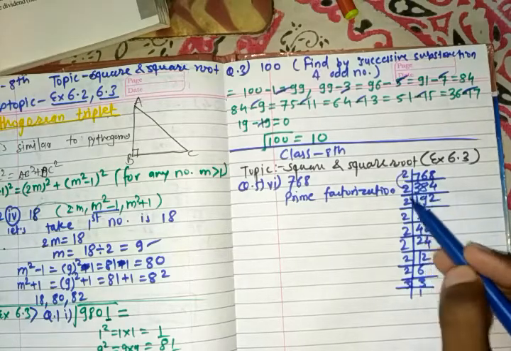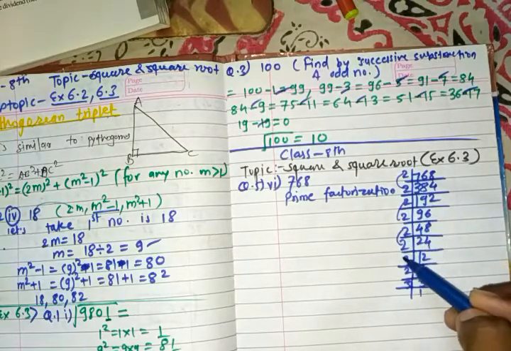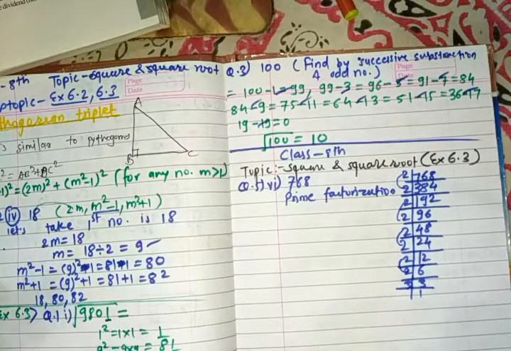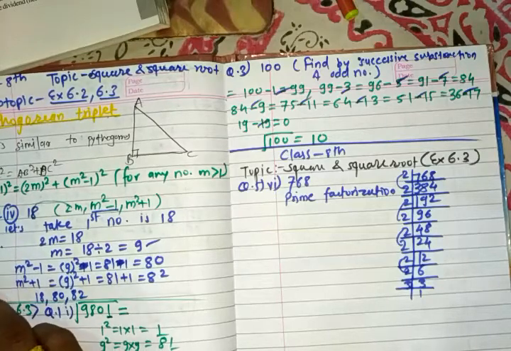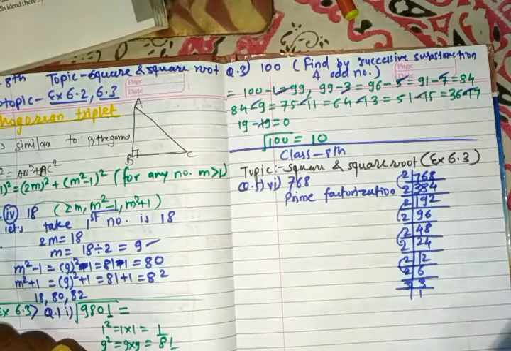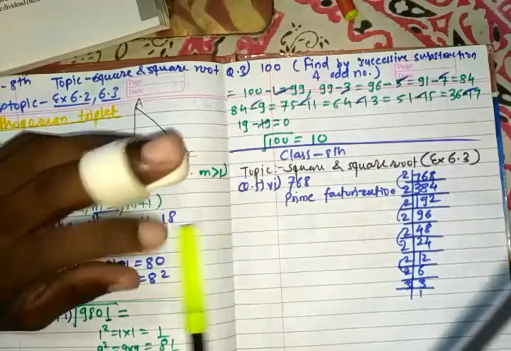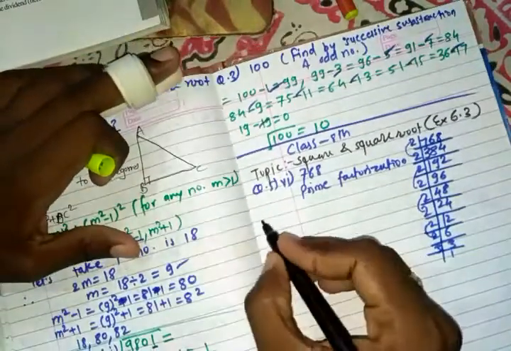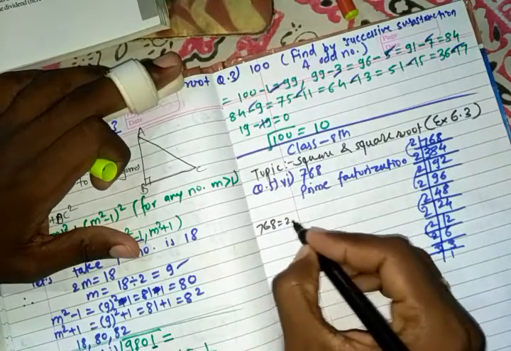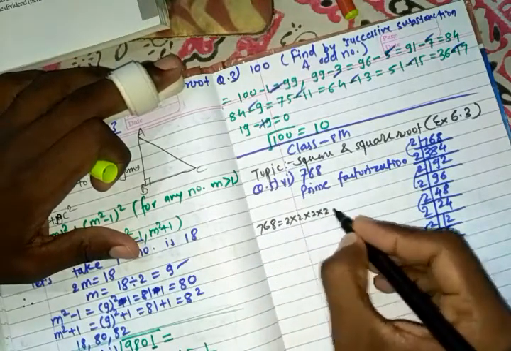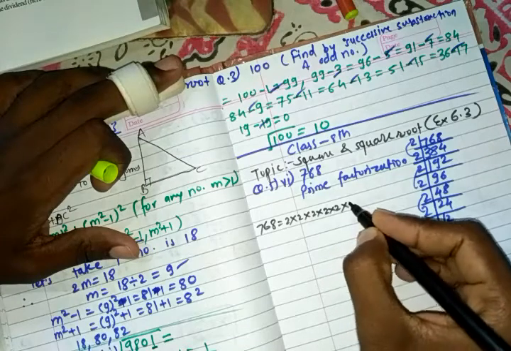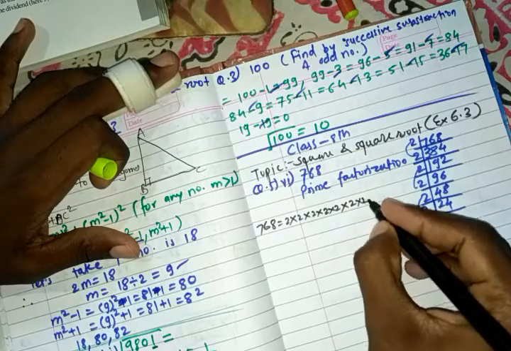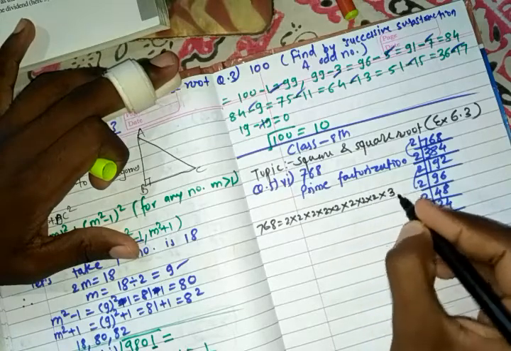Now look here, how many pairs of 2 are there? 4 pairs, and no pair of 3, only one 3 is there. So this is the smallest whole number which doesn't make a pair. So I will write the factors of 768: 2 into 2 into 2 into 2, 8 times, and then 3.